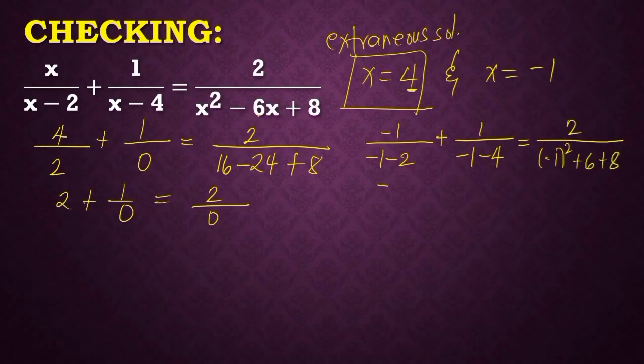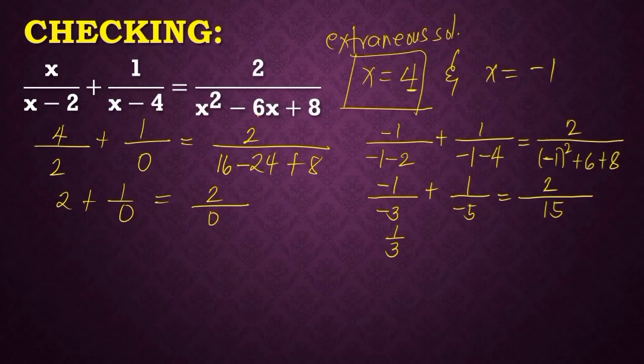So, negative 1 all over negative 1 minus 2, that is negative 3, plus 1 over negative 5 equals 2 over, so negative 1 squared, that is 1, plus 6, 7, plus 8, 15. Okay, let's check. So, negative 1 over negative 3, magiging 1/3 po yan.